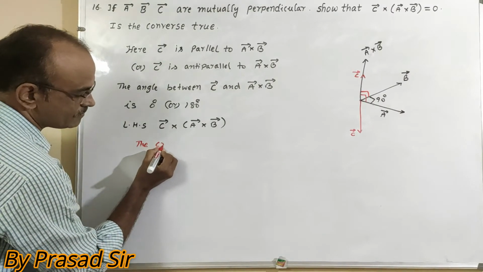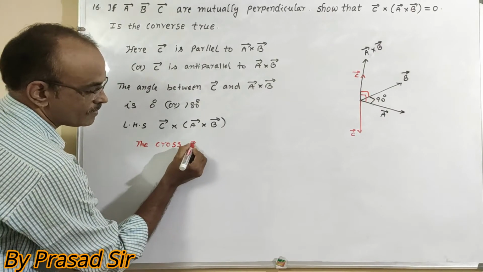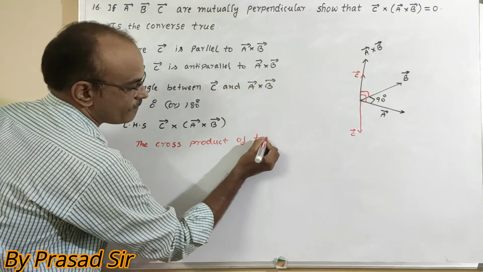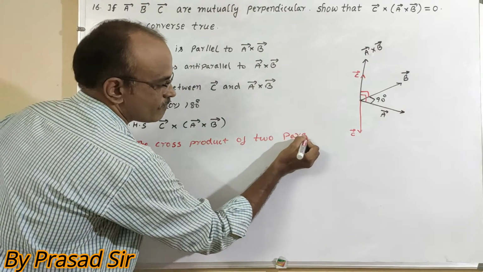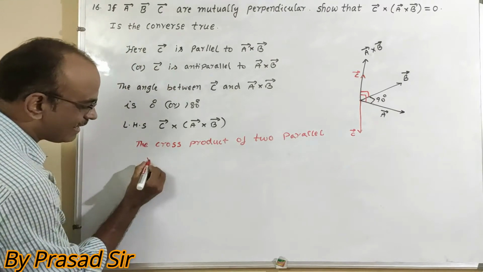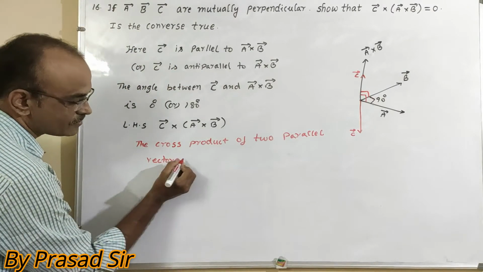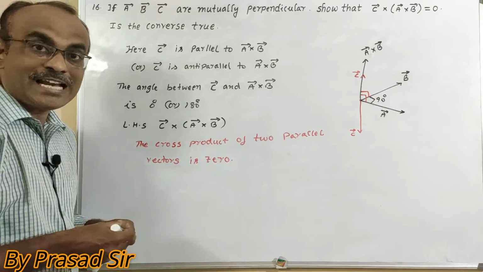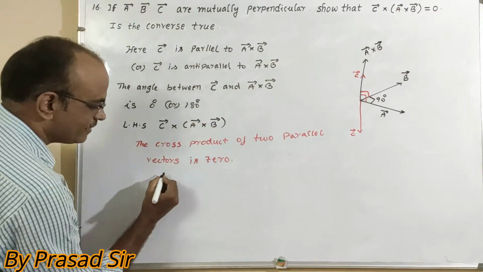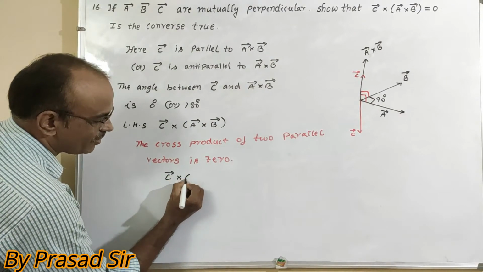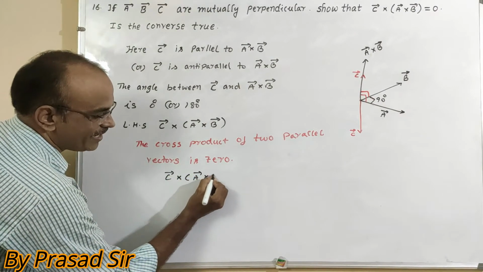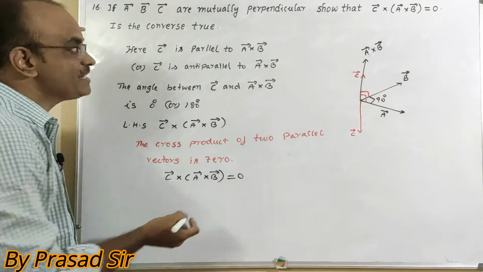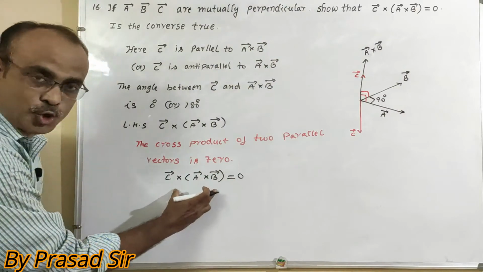The cross product of two parallel vectors is 0. That means what happens here? This LHS becomes 0. So that means what happens here? That is, it is showed.